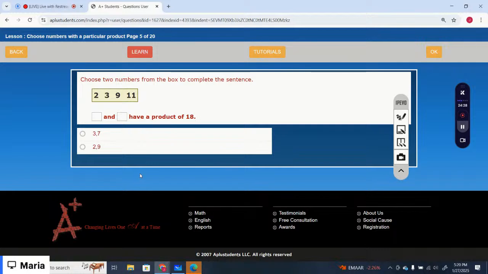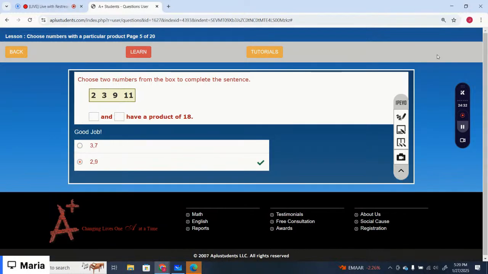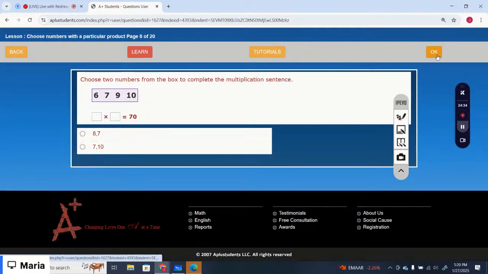That is 9 times 2 makes 18. Option number 2 is the correct option.